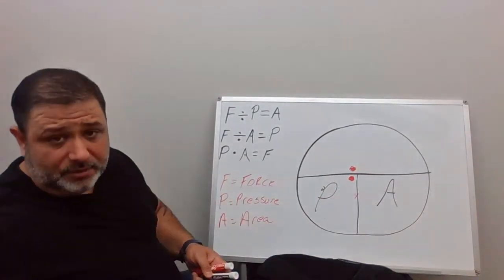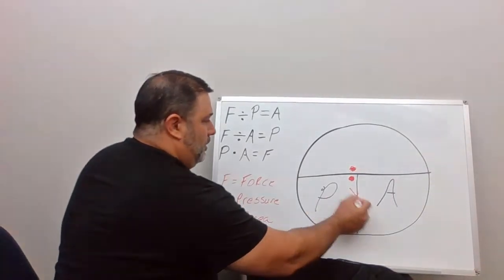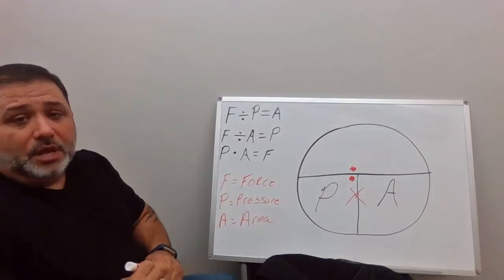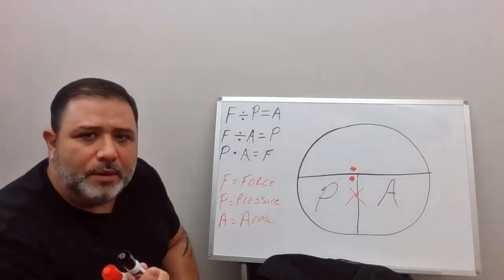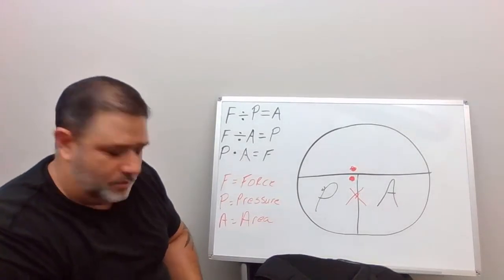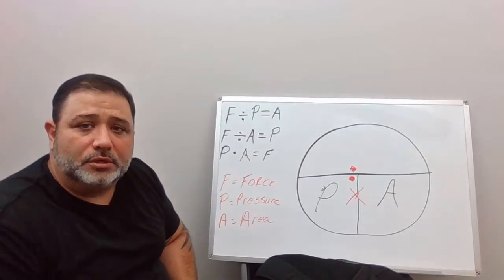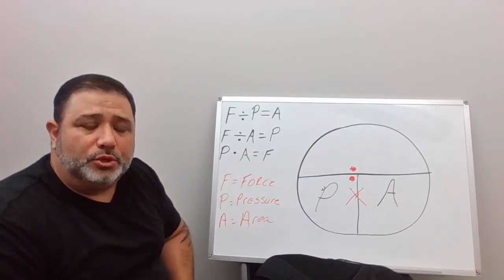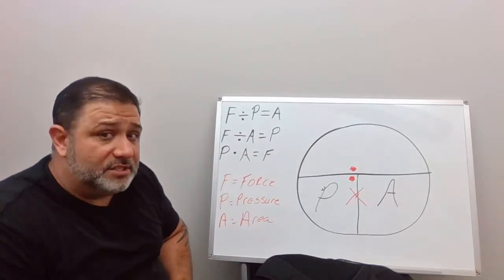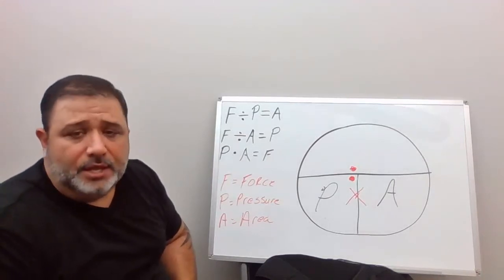Actually, I'm going to leave that X on there for y'all so y'all can keep that up there. Make sure you're writing this down. This is one thing it's important to remember because it's something you'll use the rest of your life. Especially anybody that does heavy equipment or agriculture, because you're going to be figuring cylinders. You can't just look at it and say, hey, here's my serial number, give me a cylinder.